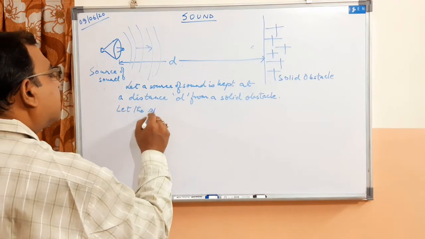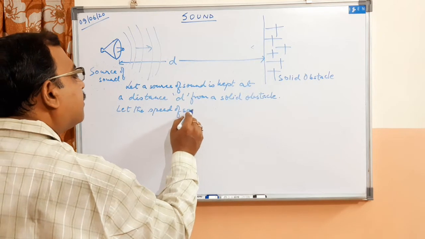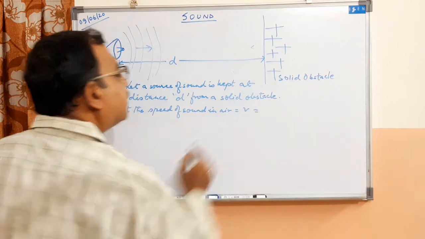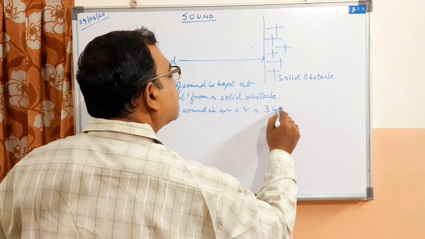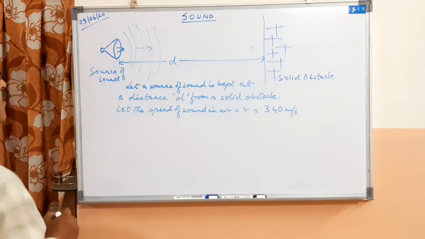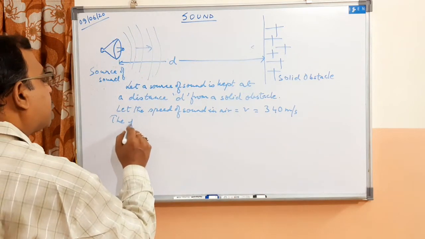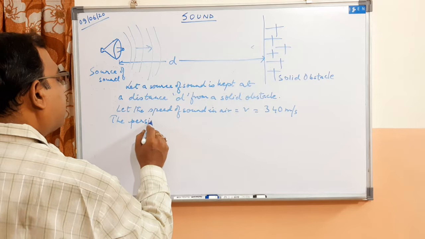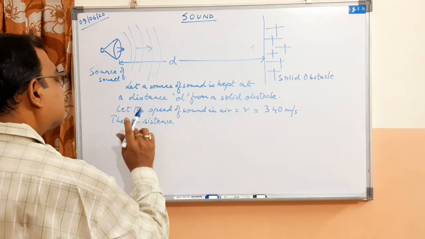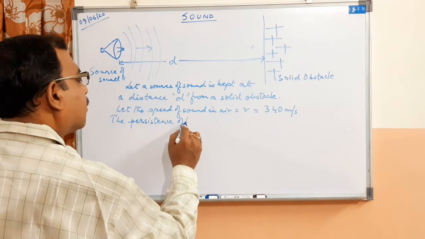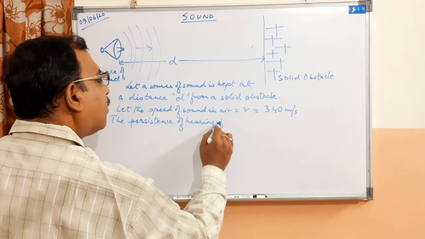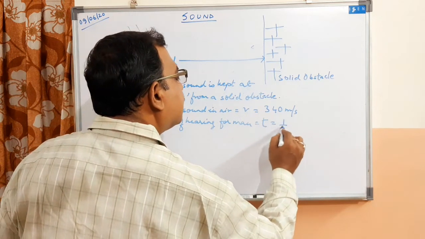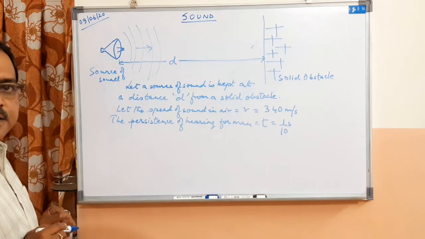Let the speed of sound in air be V equal to, say, 340 meter per second. The persistence of hearing for man is T equal to 1/10 of a second.